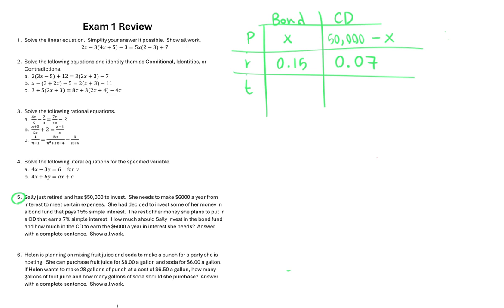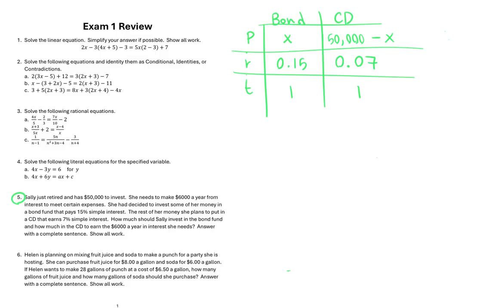She needs to make $6,000 a year. So we are just doing this for 1 year, in both the bond and the CD. So I know that I need to earn $6,000 a year in interest.